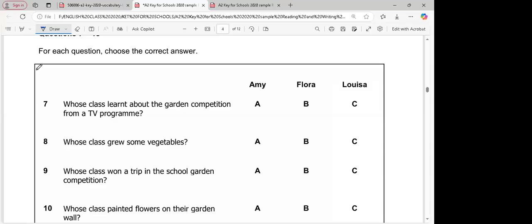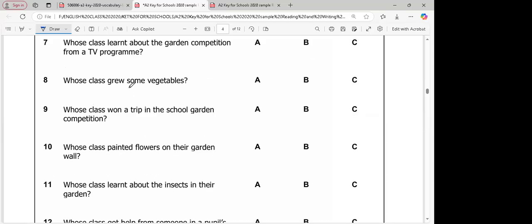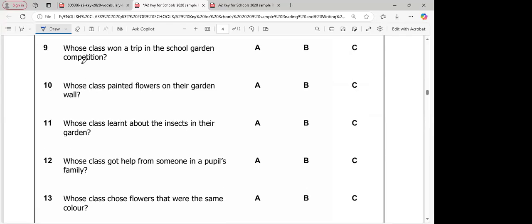Example, 7th one: whose class learned about the garden competition from a TV program? Whose class grew some vegetables? You can put question numbers 7, 8, 9, 10, 11, 12 like that.